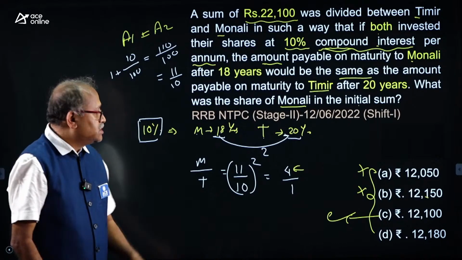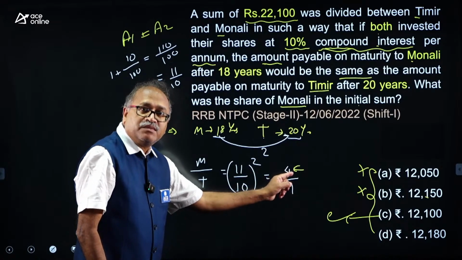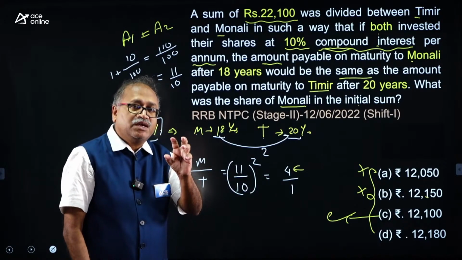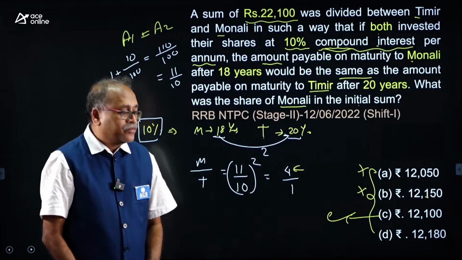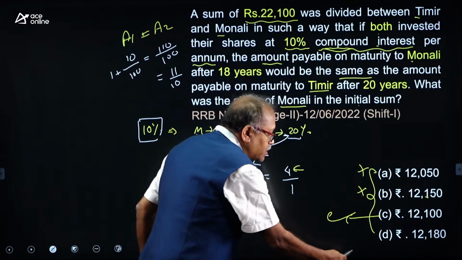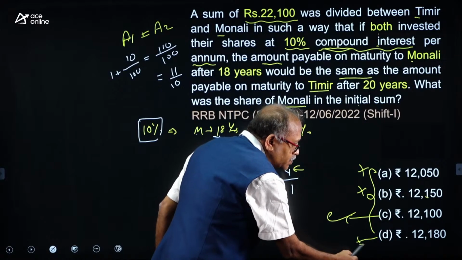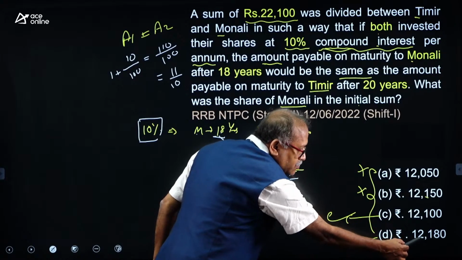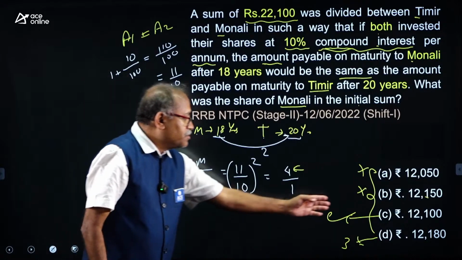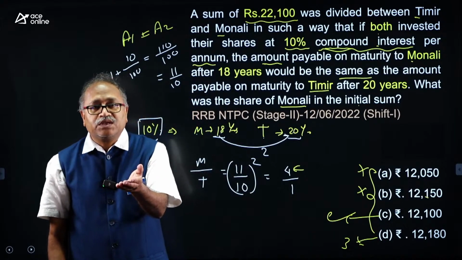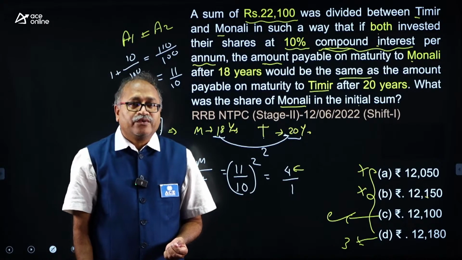Whatever sum he gets, the unit digit sum is 4. I have only one option here. Look at this part, I am getting 8, 10, 12, here 3. So, option C is the only one which gives the sum 4.